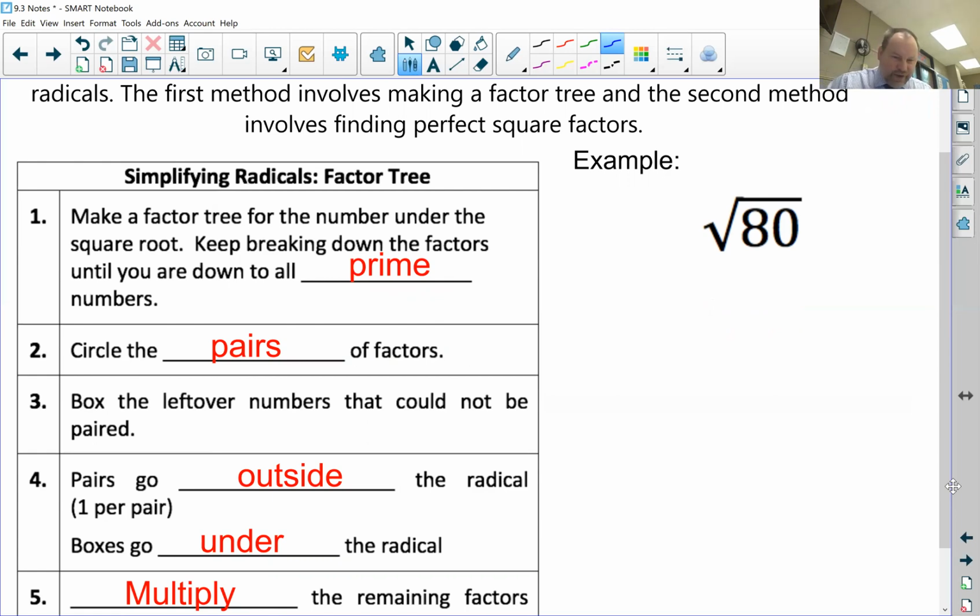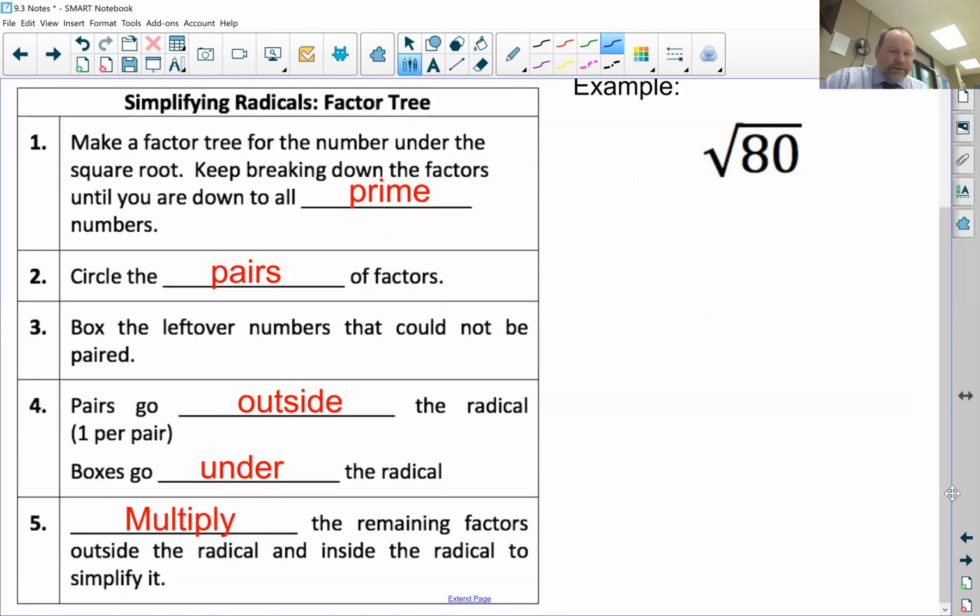Pairs go outside the radical, 1 per pair. So if you have a pair of 2s, you would put a 2 outside the radical. The boxed numbers go under the radical, and then multiply the factors outside the radical and inside the radical for it to be simplified.